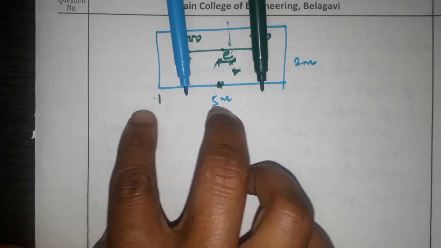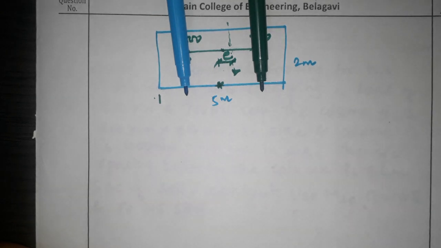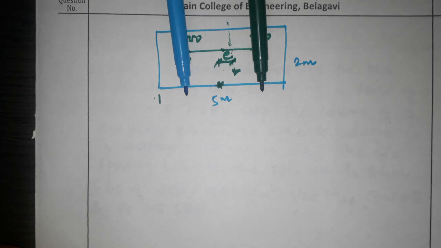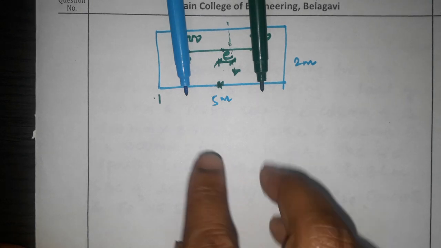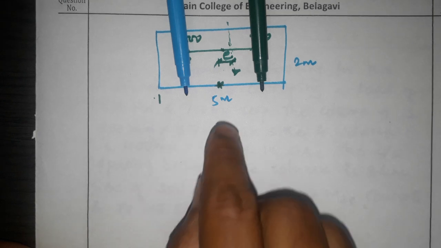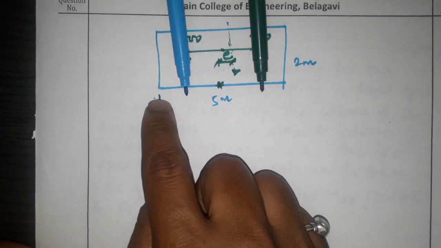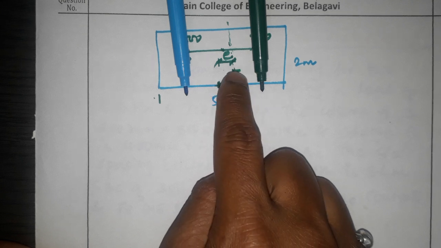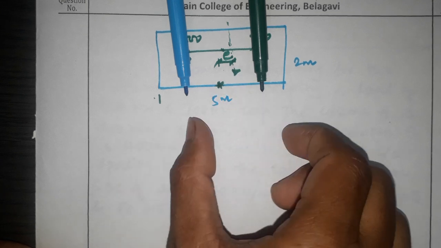We can shift the footing. Are you getting my point? Even though the columns are fixed, no problem, we cannot change the column location. So to get the CG of footing in line with CG of column load, we can shift the footing.